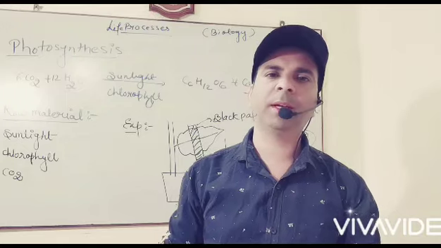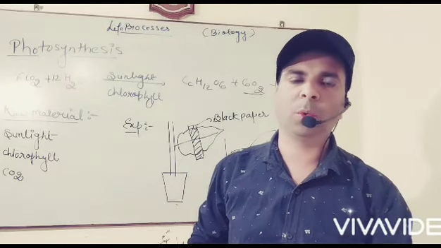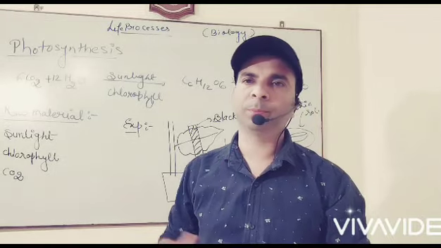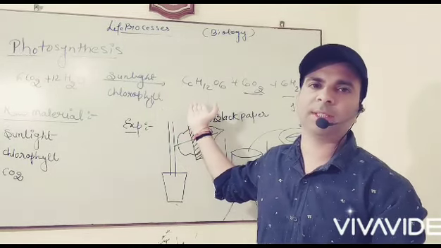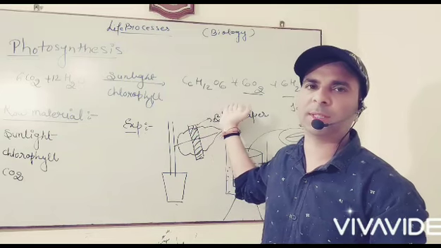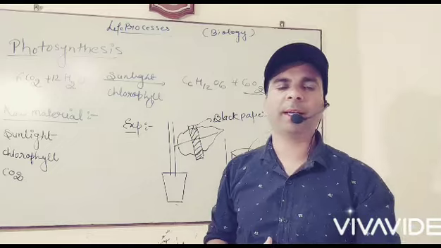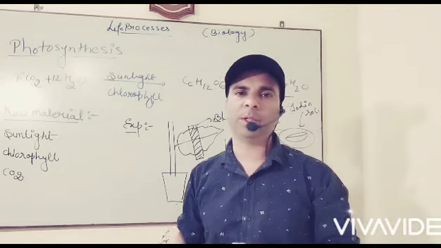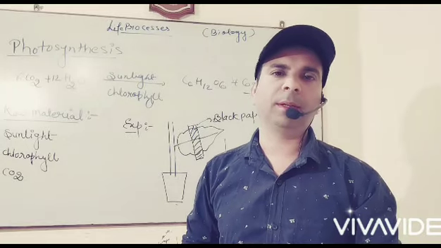We can explain this with the help of an equation: 6CO2 plus 12H2O, in the presence of sunlight and chlorophyll, gives C6H12O6 plus 6H2O plus 6O2. It means the plant takes CO2, H2O, chlorophyll and sunlight and prepares food material.